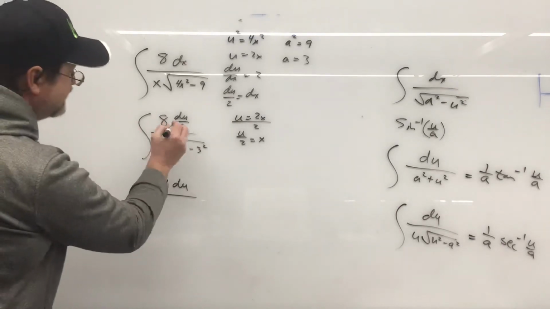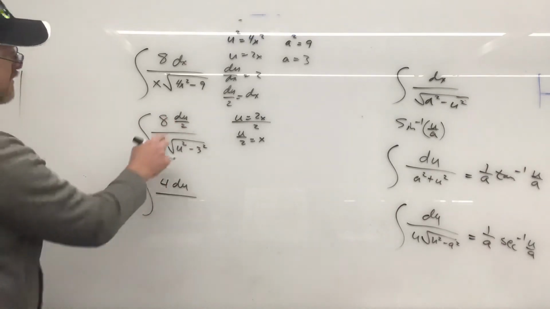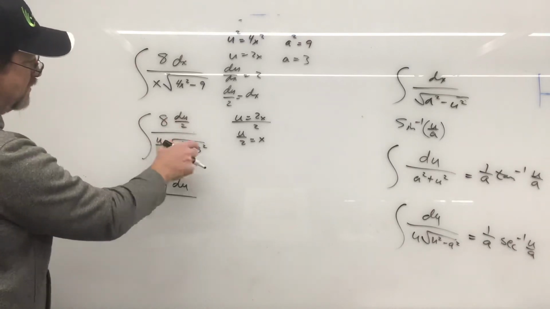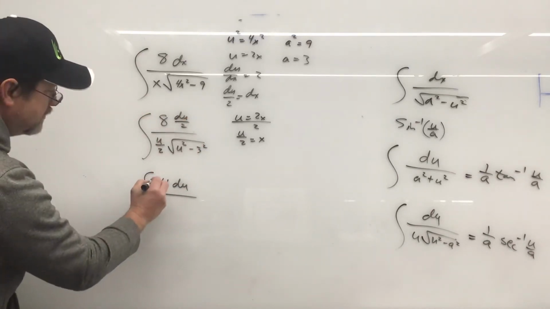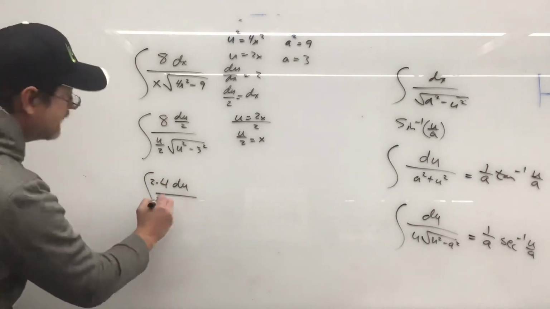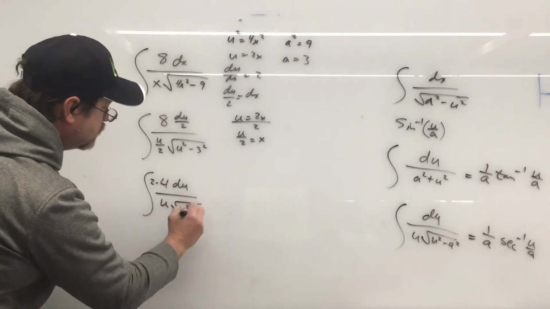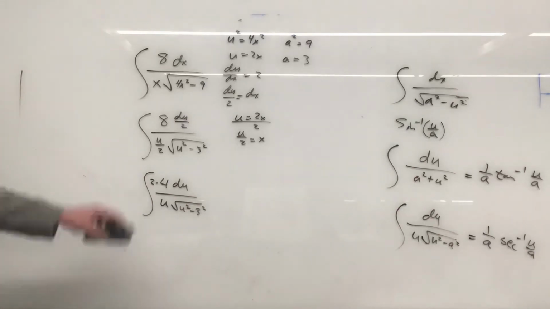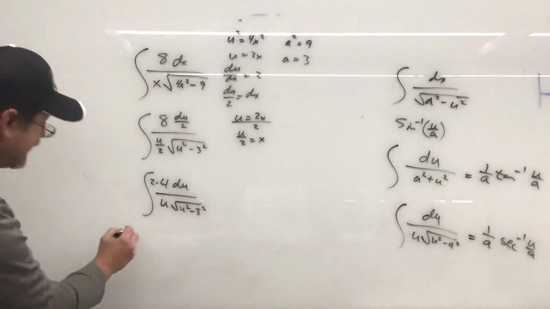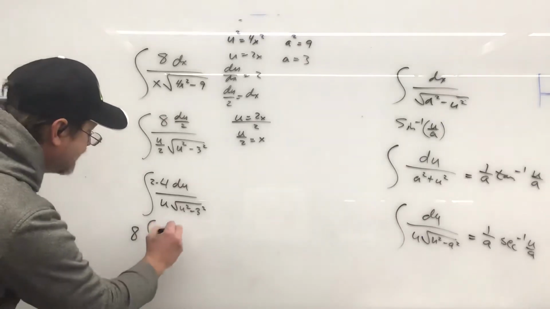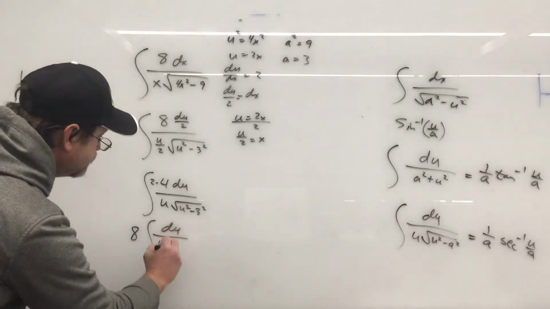This is, again, a 4-story fraction. This is 8 over 2, and this is u and that over 2. And so I bring that 2 up to the top. It's going to be times 2. And on the bottom, I'm going to have u squared minus 3 squared. The 2 and the 4 then come completely out here, and that's just 8, and now it fits precisely the form that I have over there.